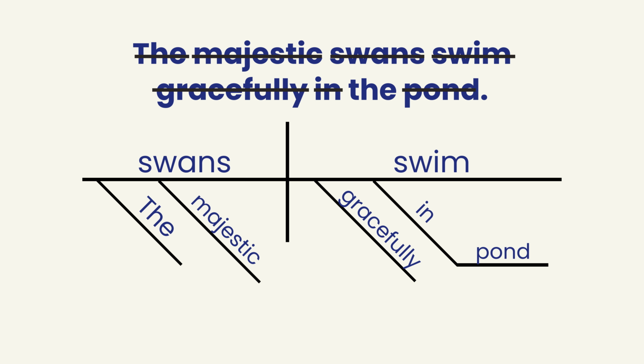If the object of the preposition has a modifier, we place it on a slanted line below it. So, as for our prepositional phrase modifier in the pond, we diagram it this way. Now here's our diagrammed sentence. The majestic swans swim gracefully in the pond.